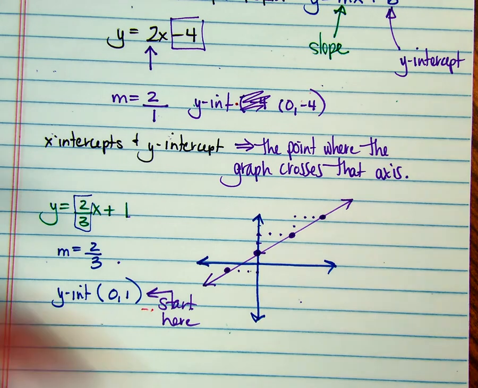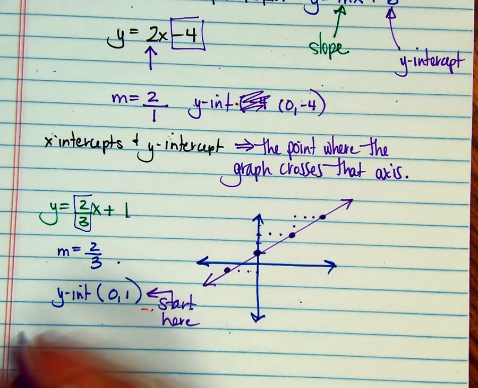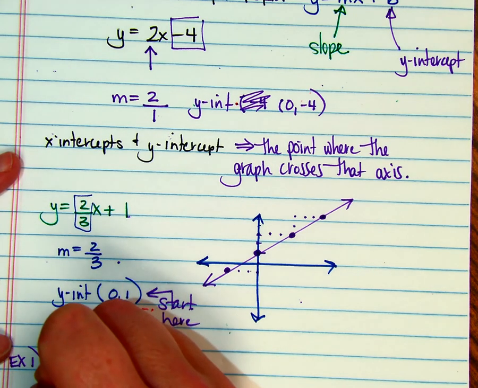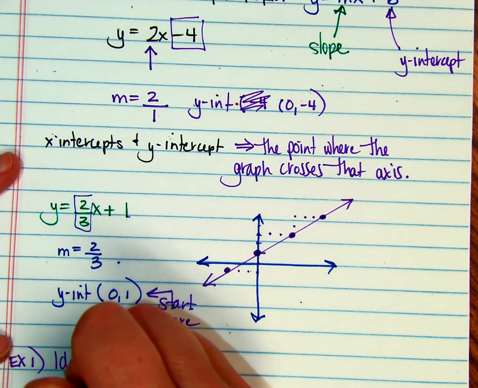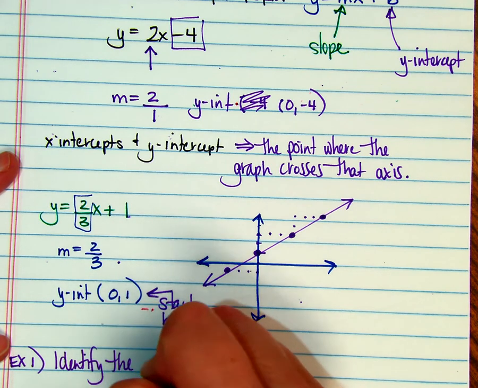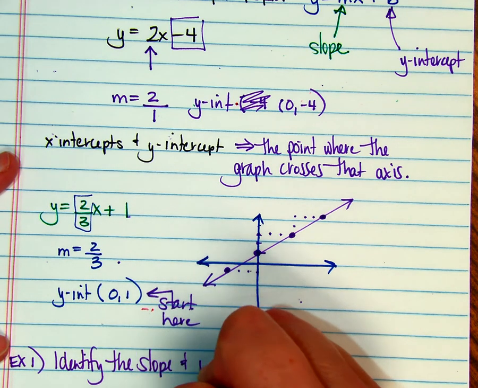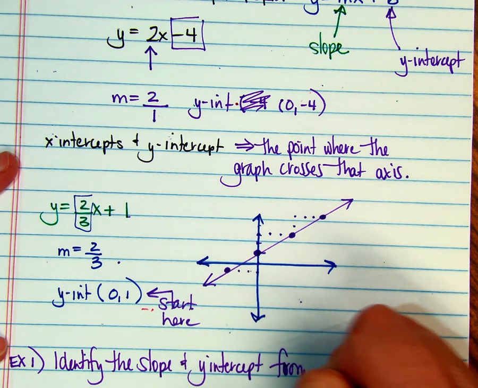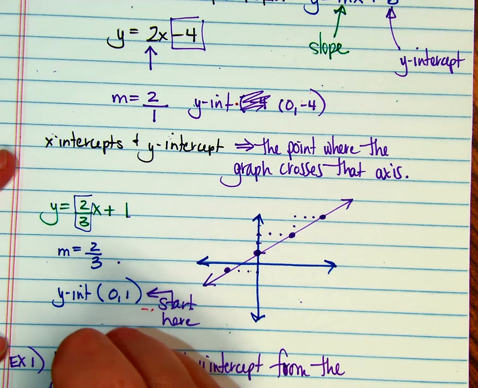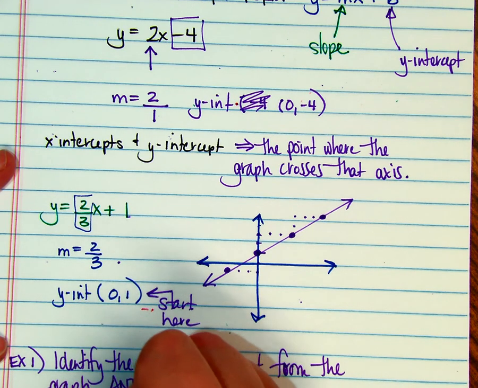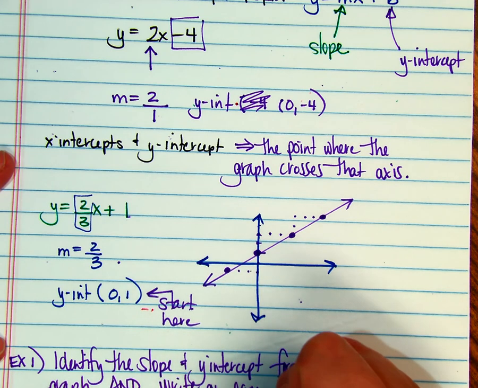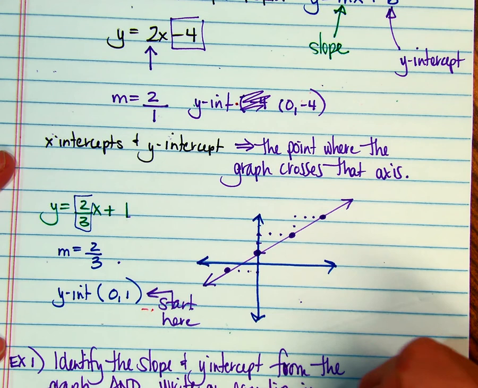I'm going to go ahead and let's do an example. I want you to identify the slope and y-intercept from the graph and write an equation in slope-intercept form.